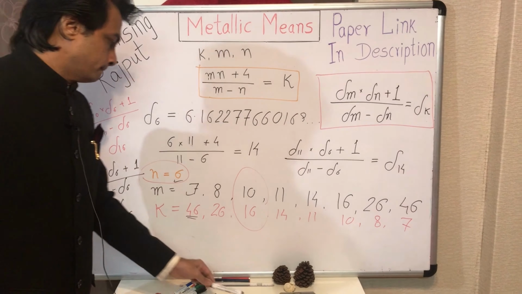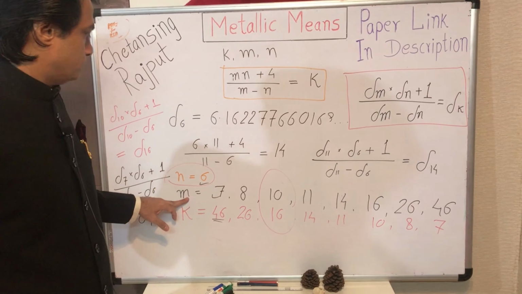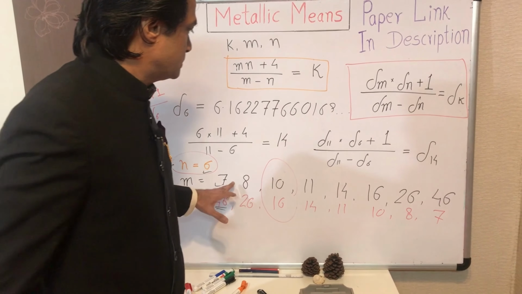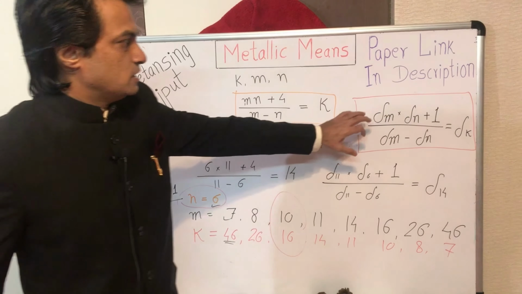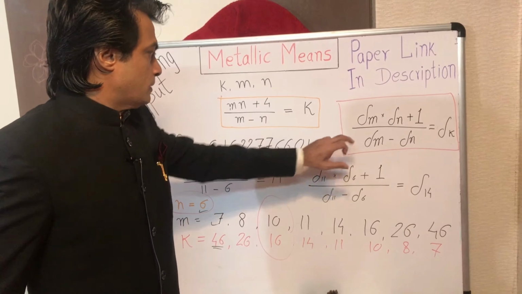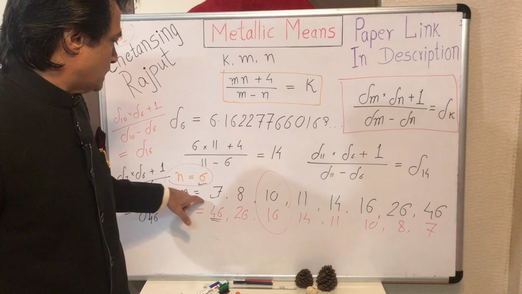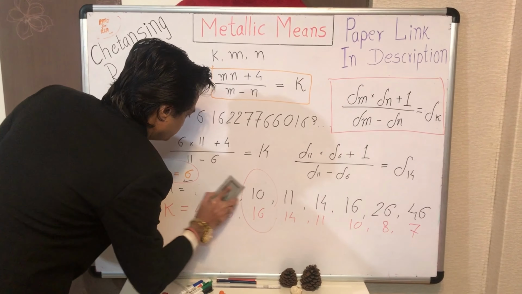See, all these values of m, 7, 8, 10, 11, are greater than 6. But this is a generalized formula. It can also be applied if we put values which are smaller than 6.